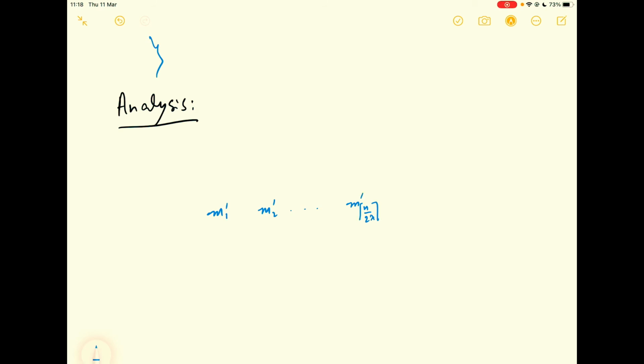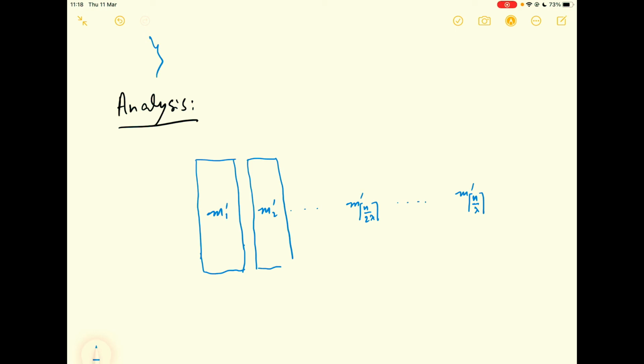This is the median and this is the last. Okay, and let us draw the arrays horizontally. So those are subarrays of size lambda. M1 prime is the median of this subarray, and so on.